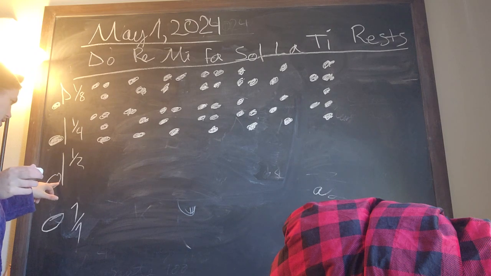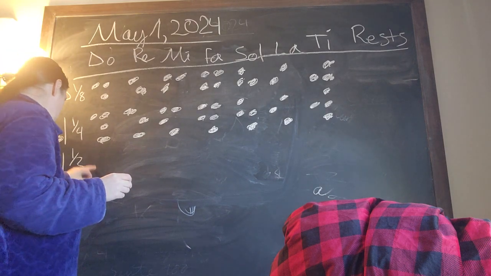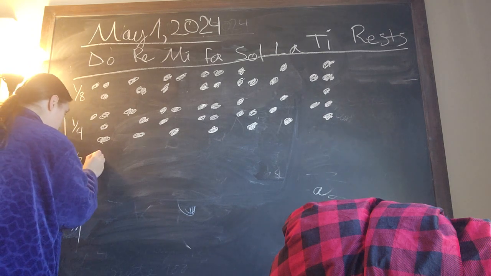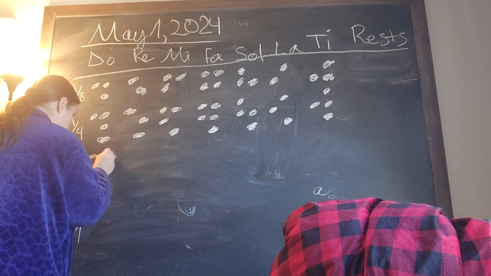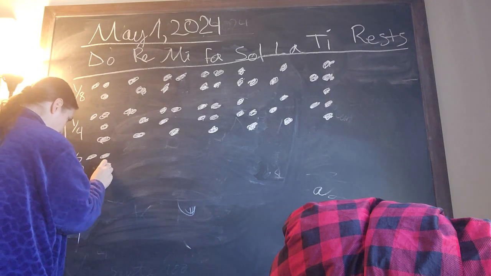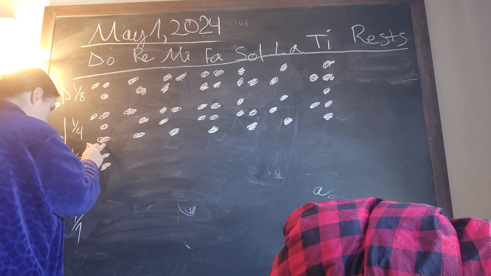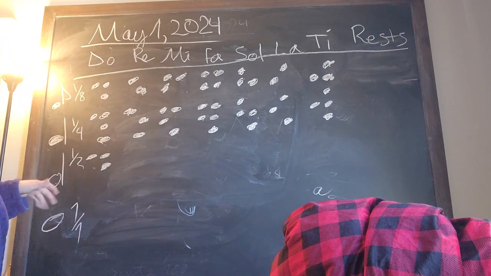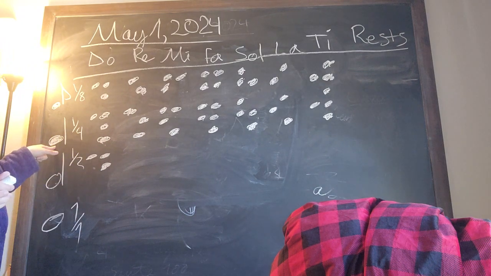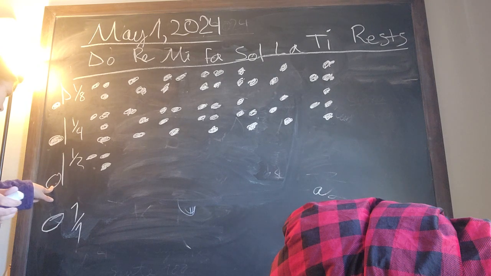So, we're going to again start at the beginning with do. We're going to write out the pitch dot 1, 4, 5. And if we were to write out a dot 6, that would be the wrong symbol because we don't need a quarter note, we need a half note.